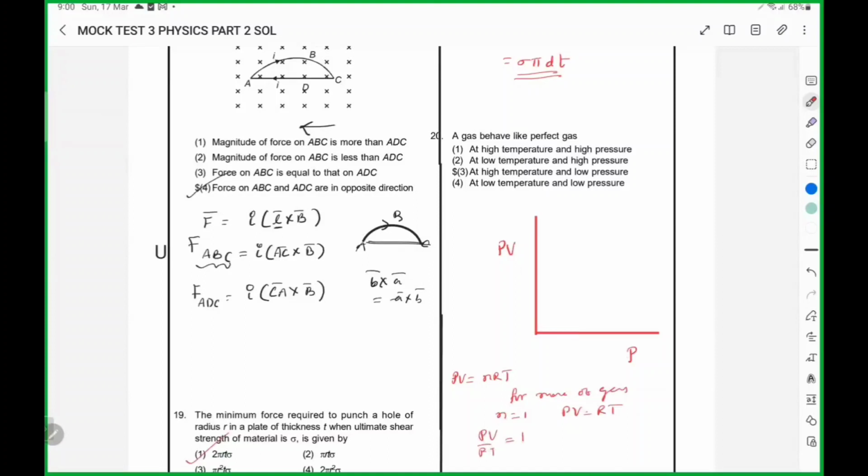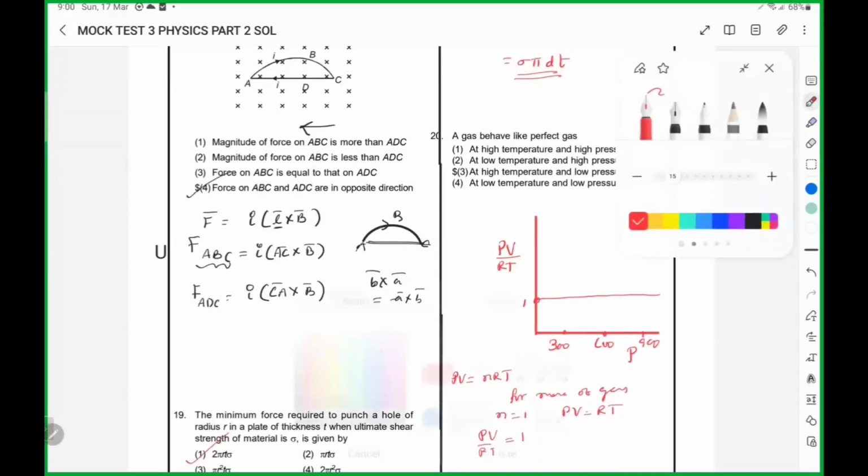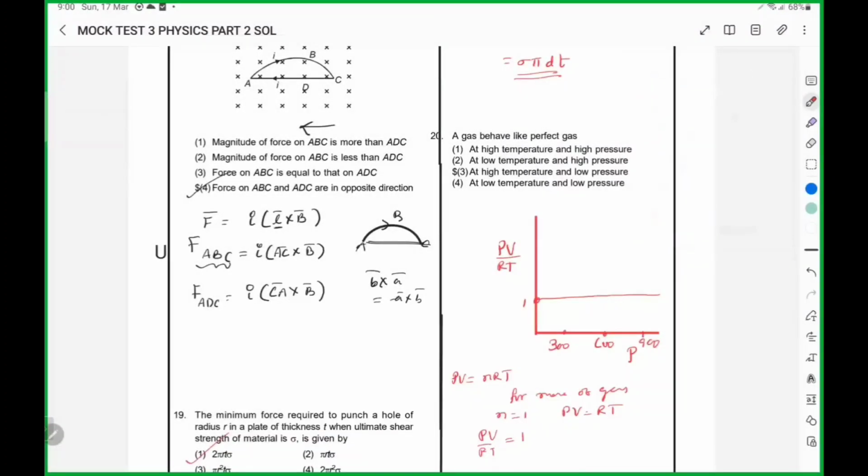Here you draw PV by RT against pressure. For an ideal gas, PV by RT is fixed at 1. But as we change the pressures, let us take some different pressures, the graphs they observed at 200 Kelvin, at different pressures.